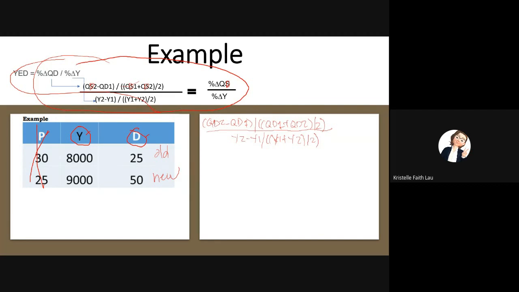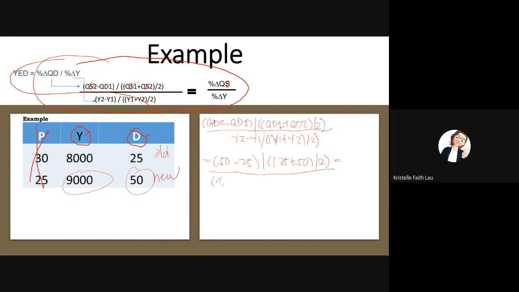Okay, so transpose na natin yung mga values. For the QD2, the new demand, we have 50 minus 25, then 25 plus 50 divided by 2, over, the Y2, or the new income, is 9,000.